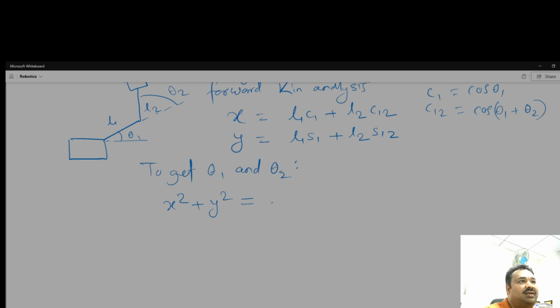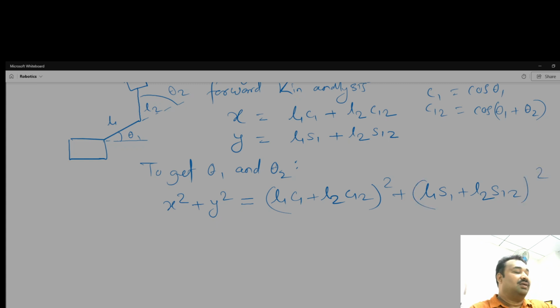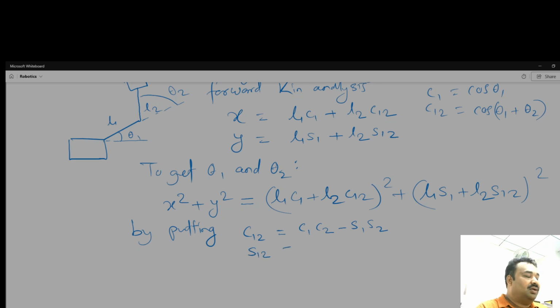Then what we get is L1 C1 plus L2 C12 squared, plus L1 S1 plus L2 S12 squared. Okay, and simplifying it by putting C12 is equal to C1 C2 minus S1 S2. Similarly, S12 is equal to C1 S2 plus S1 C2.